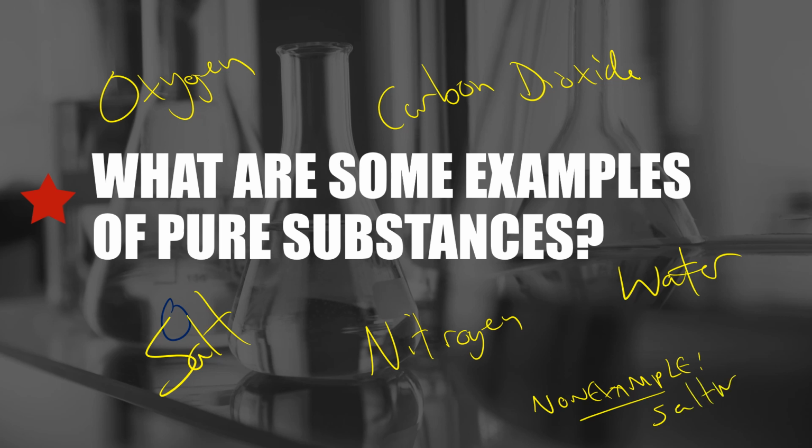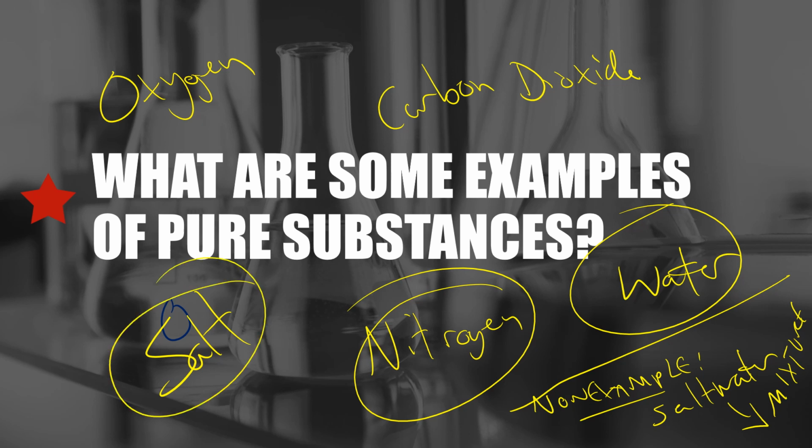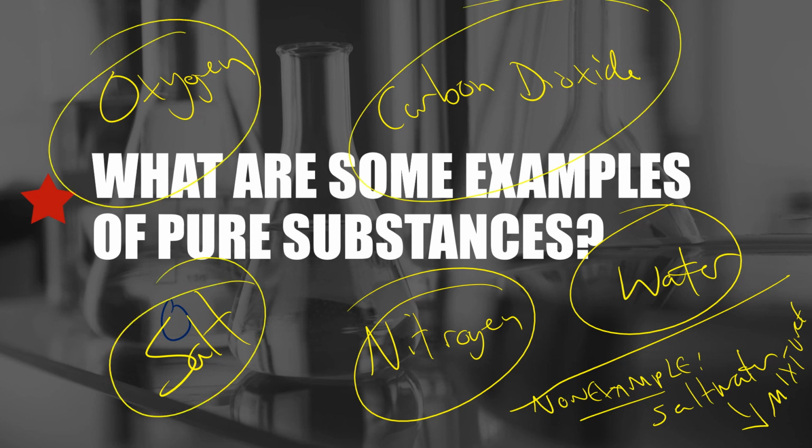Salt water is not a pure substance. It is a mixture. So remember that all mixtures are not pure. Everything that exists is either a pure substance or a mixture. But that's my non-example, but all of these are great examples, and you guys need to have your own for this question. You can take some of my examples, but I want you to get your own too.